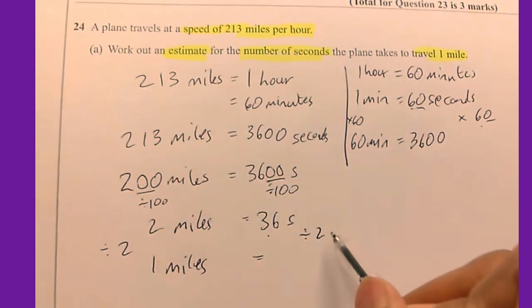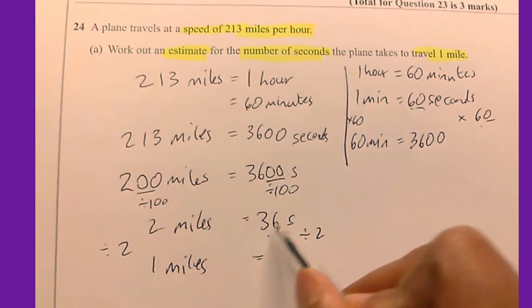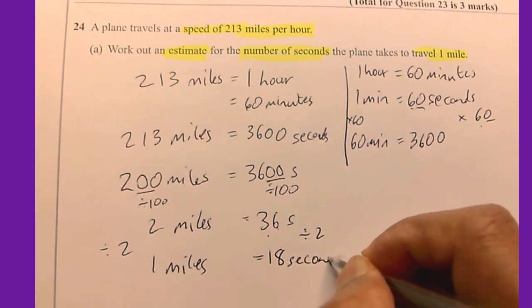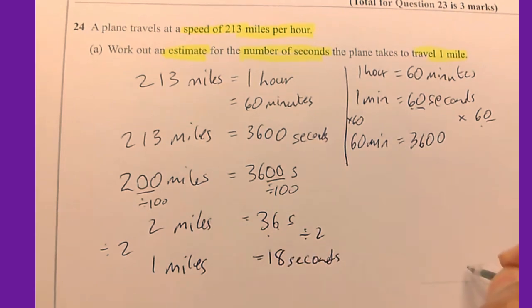Half of 30 is 15, half of 6 is 3, 3 plus 15 is 18. So 18 seconds is my answer. Now you can work this out many ways. The mark scheme does give us a range of 16 to 20 seconds. So that's possible. So well done if you got that.